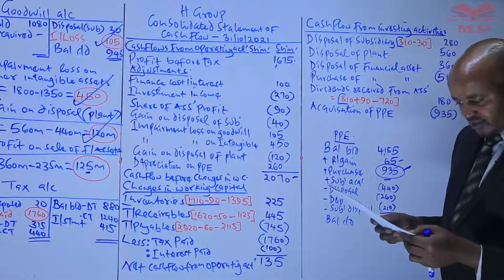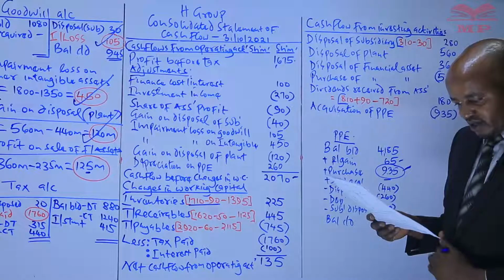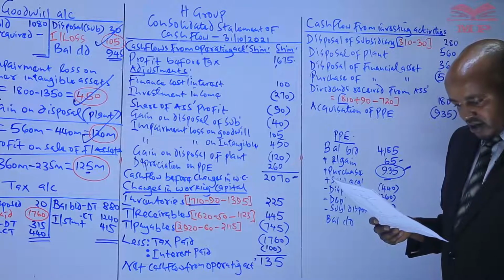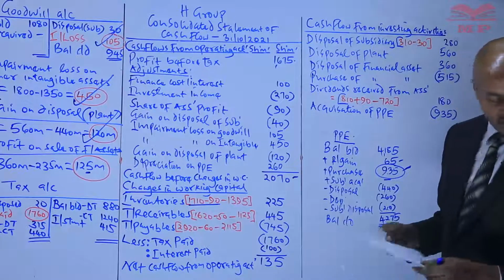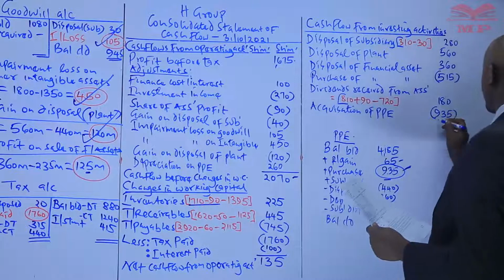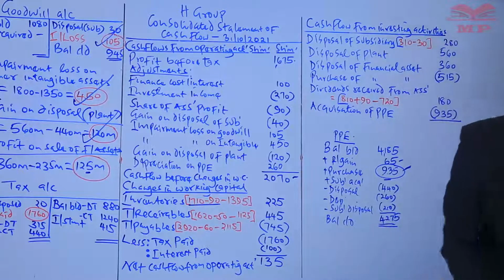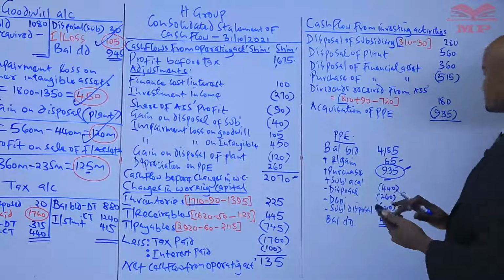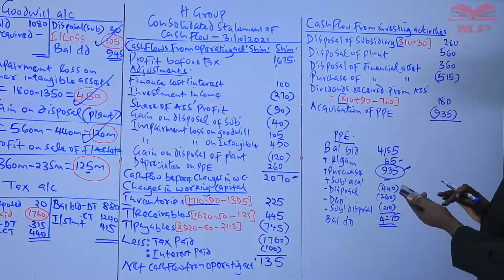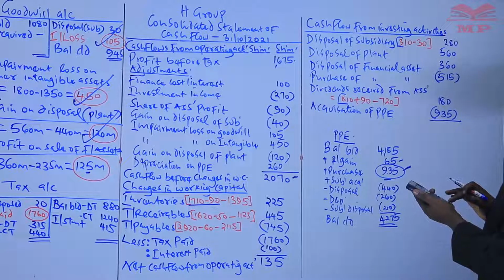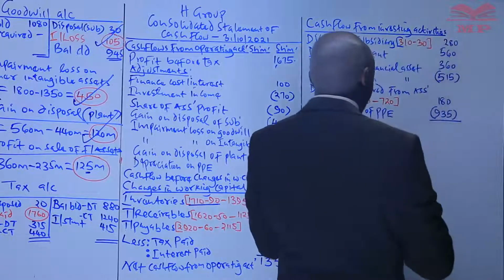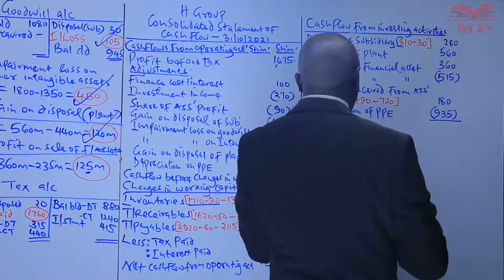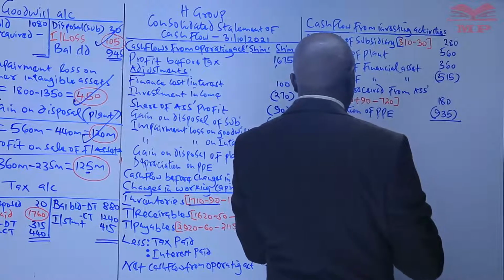I think we have dealt with all items of non-current asset: PPE, goodwill, other intangible, investment, financial asset. Do we have anything else? I don't think so. So what we need to do here is get the net amount. We have 260 plus 560 plus 360 minus 515 plus 180 minus 935.